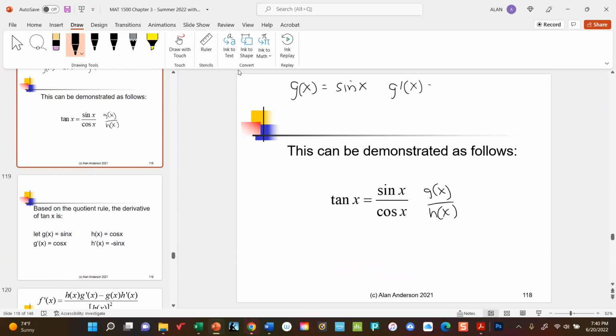And as we saw just a little while ago, the derivative of the sine of x is the cosine of x, and the derivative of the cosine of x is the negative sine of x. So that was the easy part. Now we get to plug them into that scary formula. And then even more interesting is looking for opportunities to simplify the results.